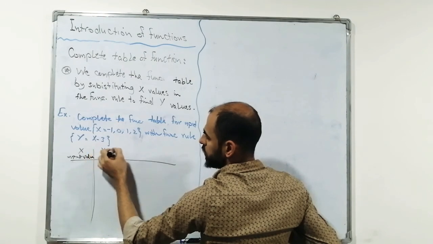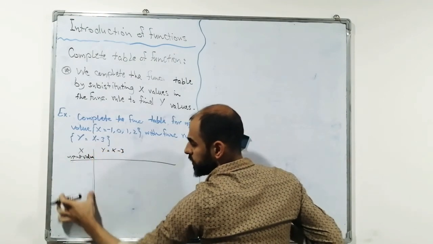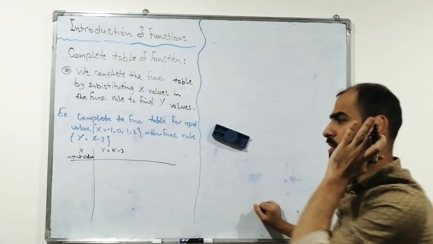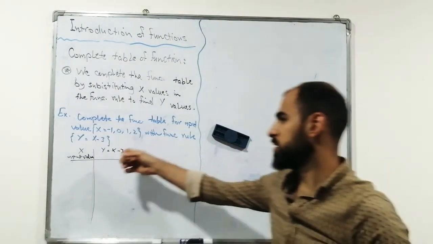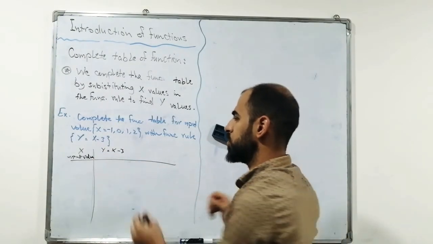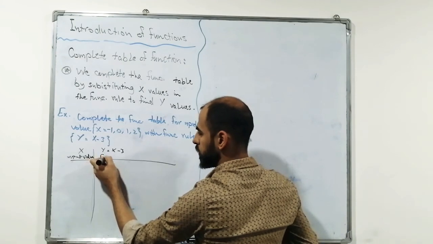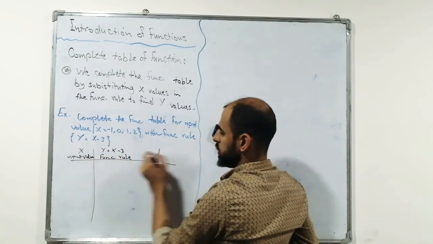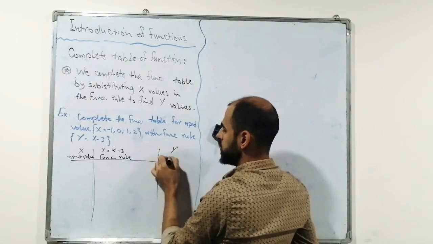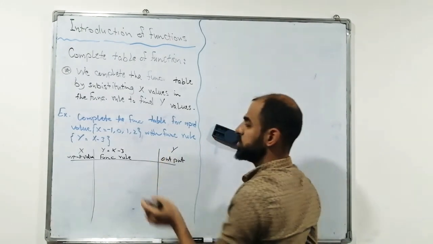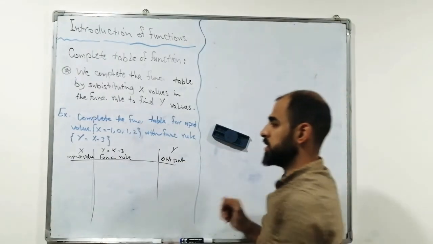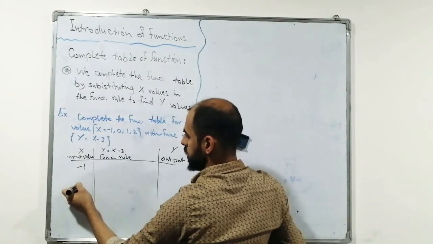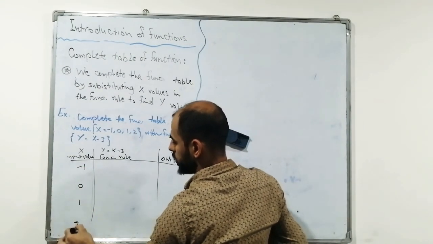In the first column we put the input values, in the second column we put the function rule, and in the third column we put the output values, which is y.